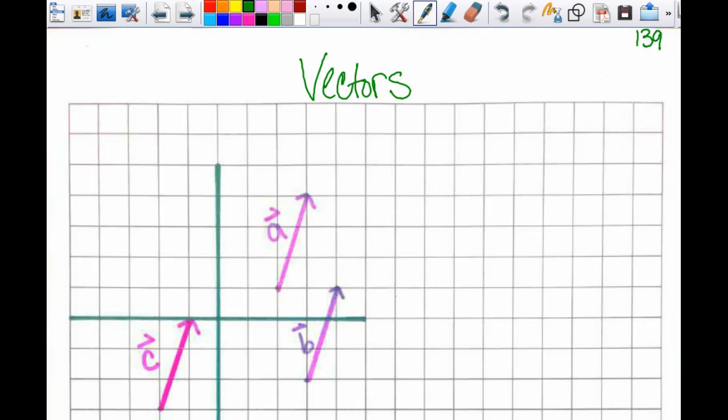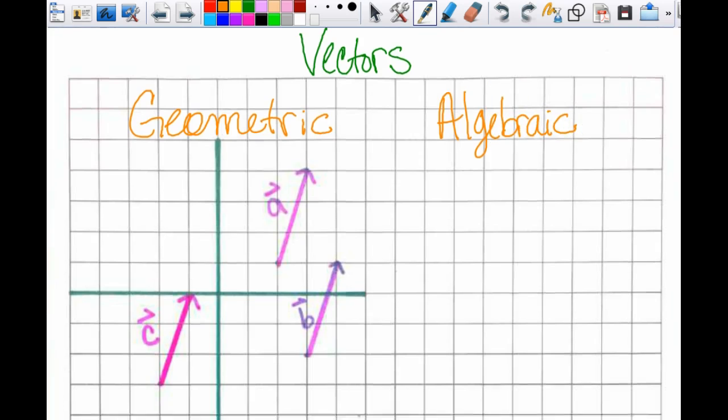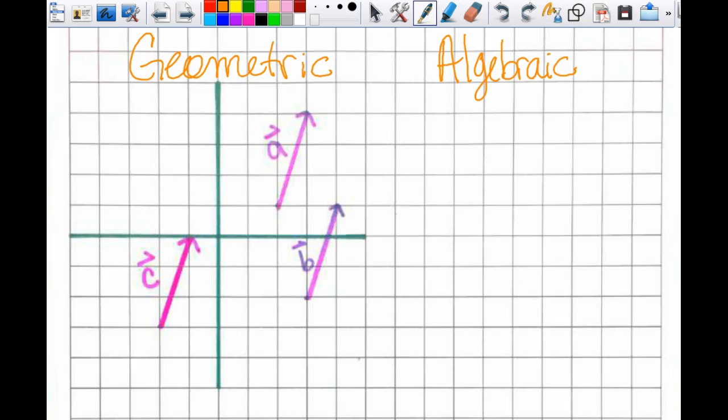And we're going to look at the vectors from 2 different perspectives: the geometric perspective and the algebraic perspective. So geometric, we've got them drawn on the grid, right? And then we're going to throw in the ordered pairs for the points on the coordinate plane. So this point right here is at -2, -3.